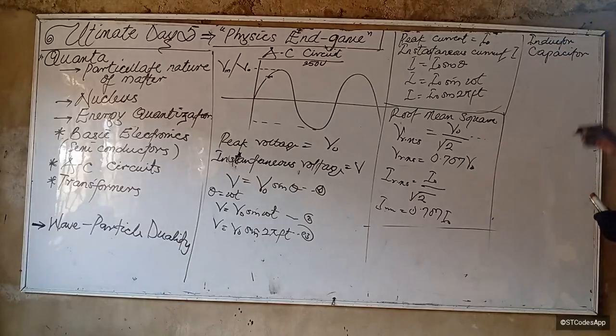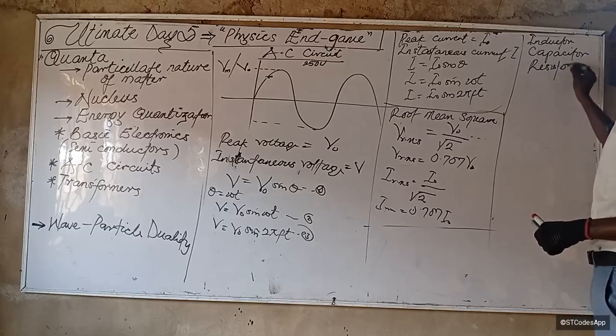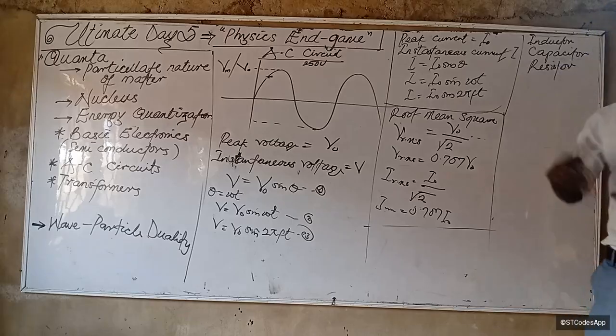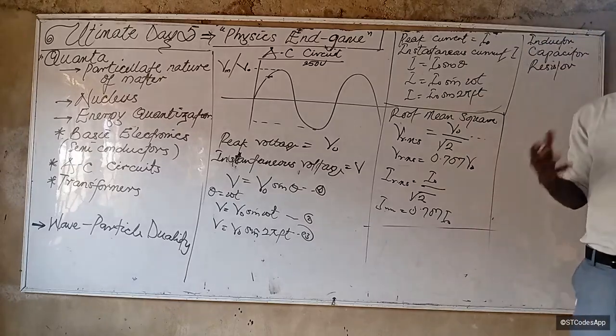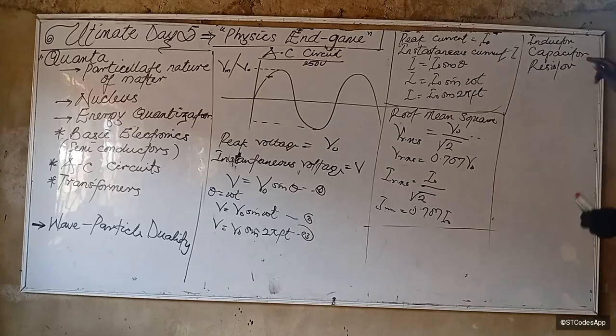And if we connect a resistor alone, we'll call it a purely resistive circuit. Does that make sense? Now we can begin to make different combinations. We can combine inductor and capacitor, capacitor and resistor, inductor and resistor, or the three. Is that clear?